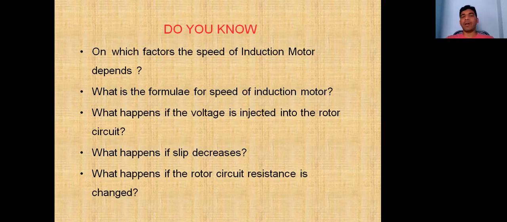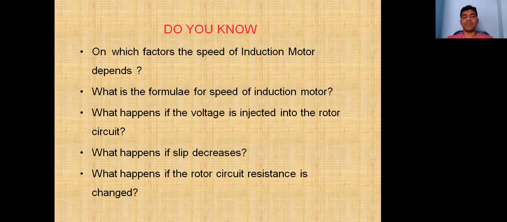What is the formula for speed of induction motor? Nr is equal to Ns into (1 minus s). What happens if the voltage is injected in the rotor circuit? That may change the slip.